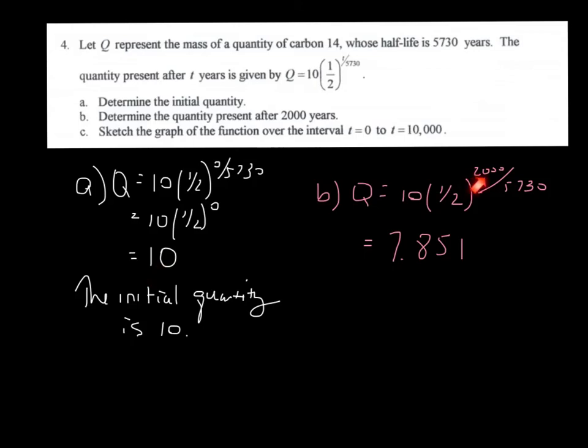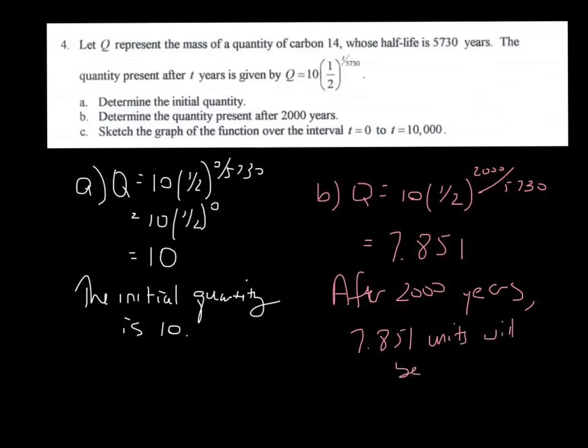But only 2,000 years have passed, so about 7.8, 7.9 makes sense. So let's write our statement. After 2,000 years, 7.851 units will be present.